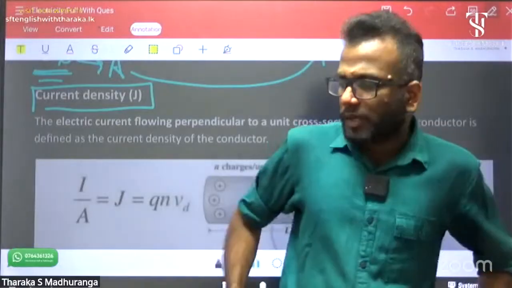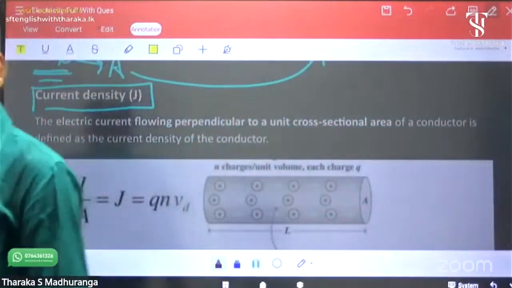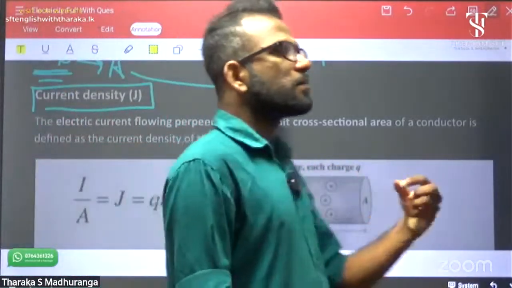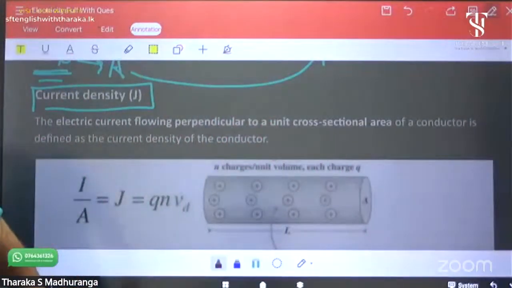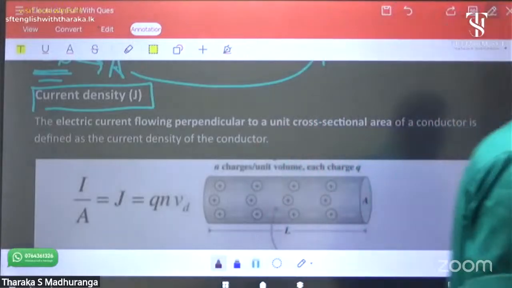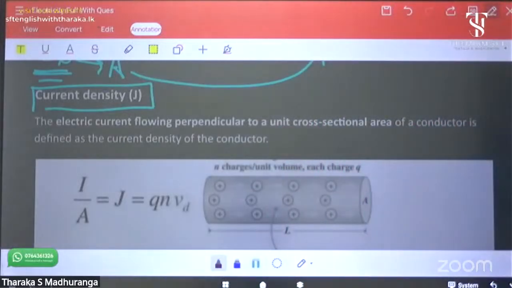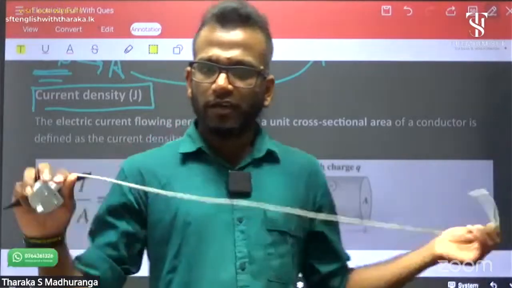Current density. Before moving to current density, come to this experiment, give me a second. This is my phone charger.